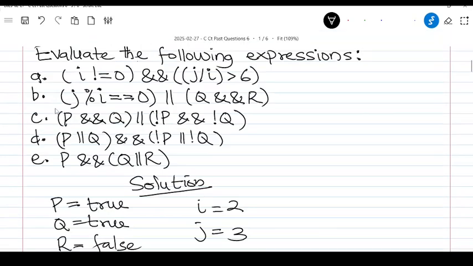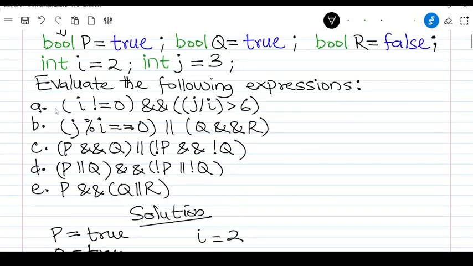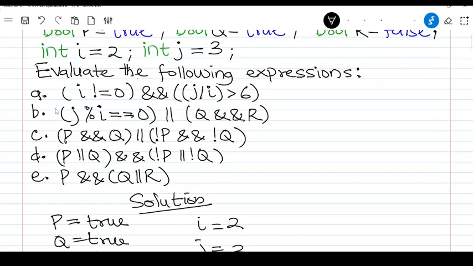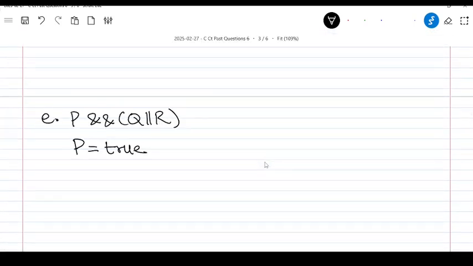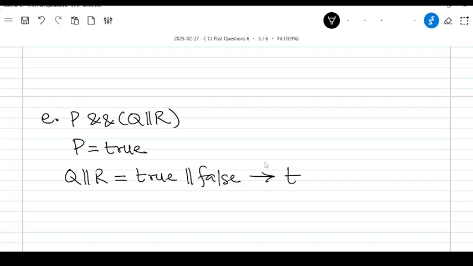And then what is Q or R? Q is true and R is false. So Q or R is equal to true or false, and true or false is true.